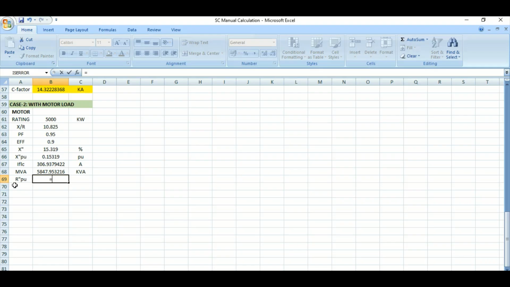So R dash per unit equals X dash per unit divided by X by R. This is in PU.